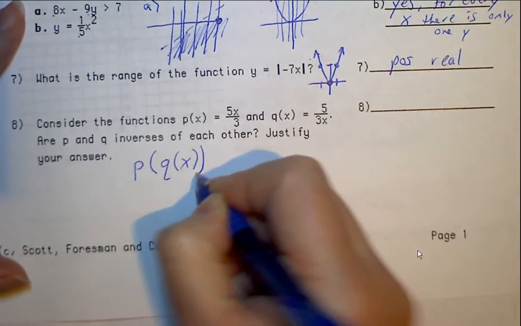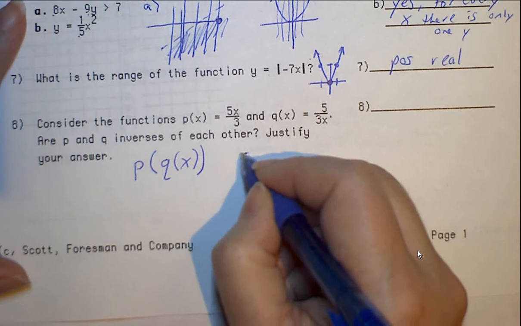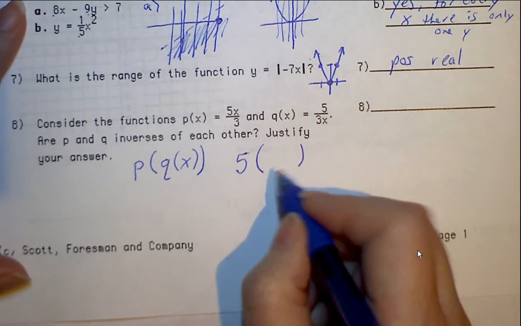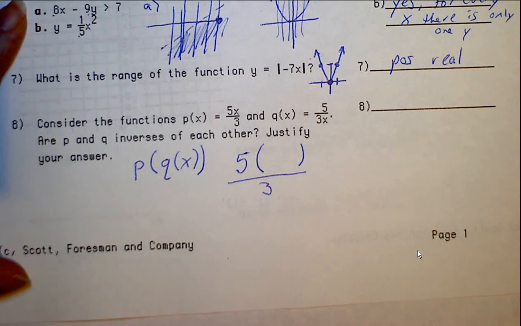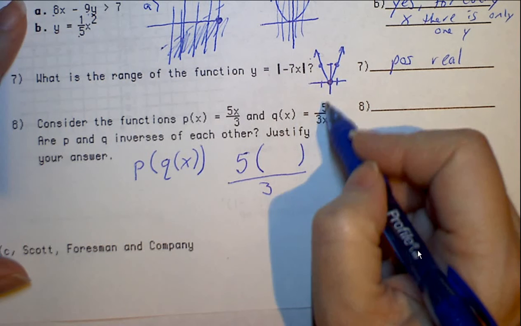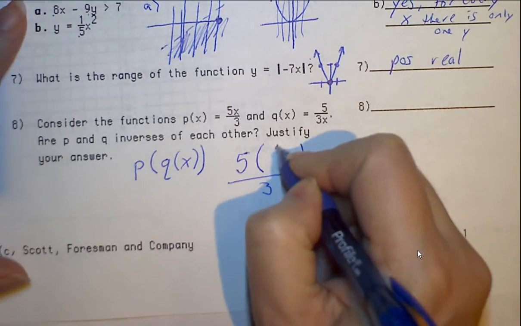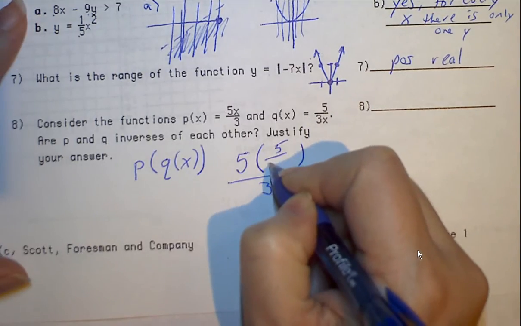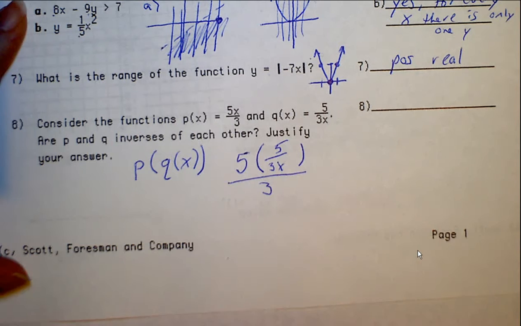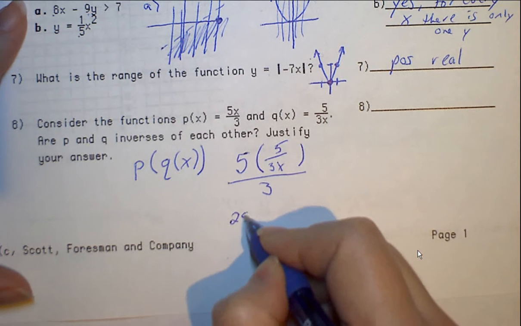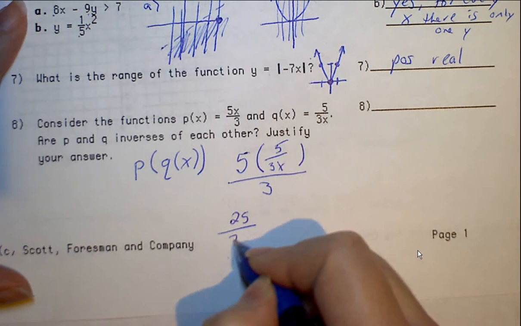So we're going to go 5, and instead of x, I'm going to leave those brackets, divided by 3. Then I'm going to insert this for my x. So I'm going to insert that, 5 over 3x. 5 times 5 is 25. And then we have 3x, and that's divided by 3.